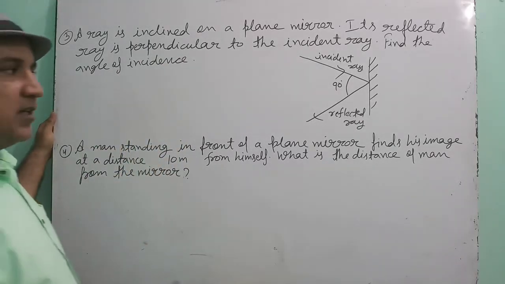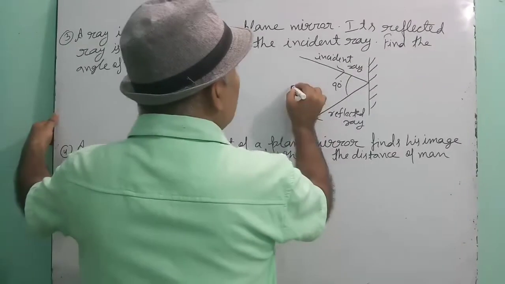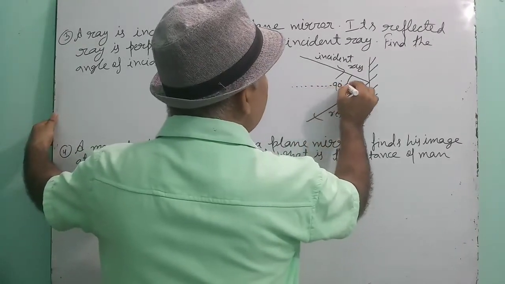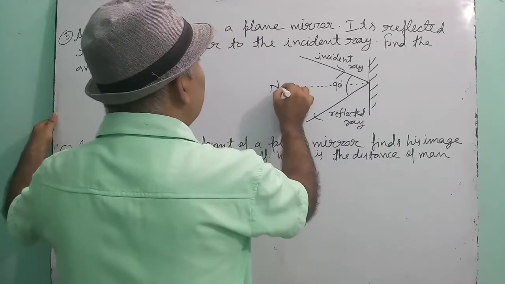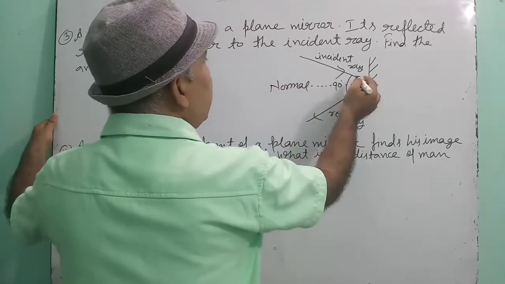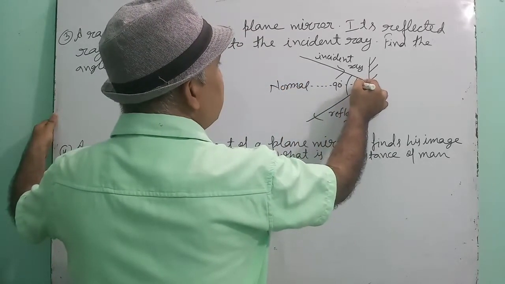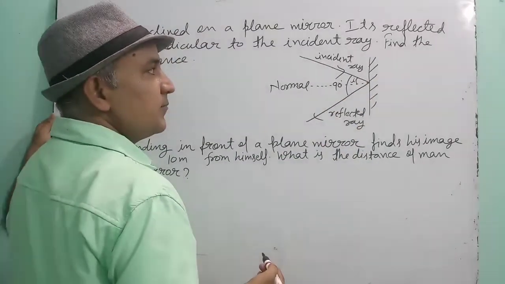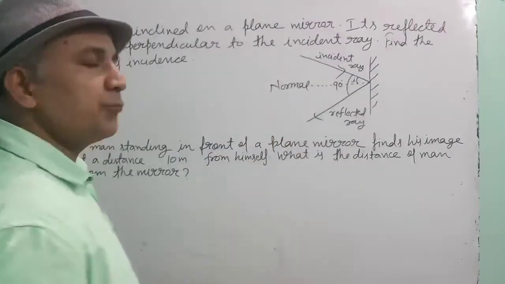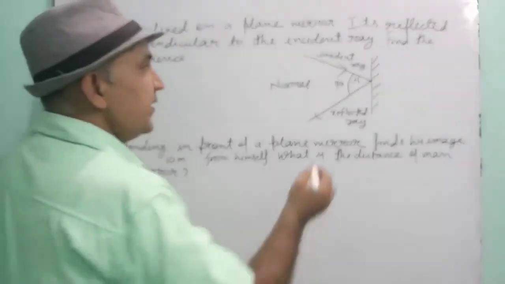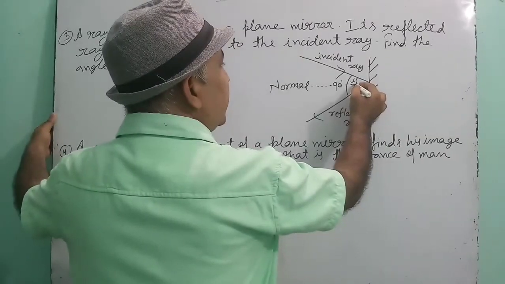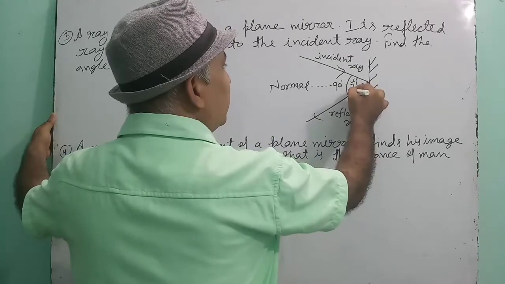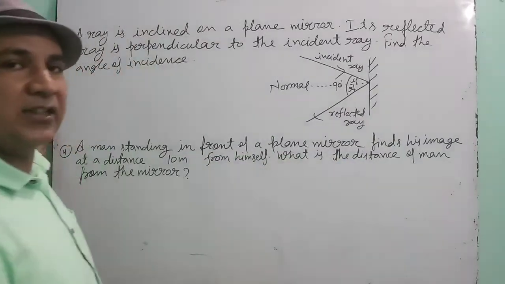of incidence. Children, we know that to find the angle of incidence we have to draw one normal. The angle between the incident ray and the normal is called the angle of incidence. That angle we have to find. We know that the angle between the reflected ray and the normal is called the angle of reflection.